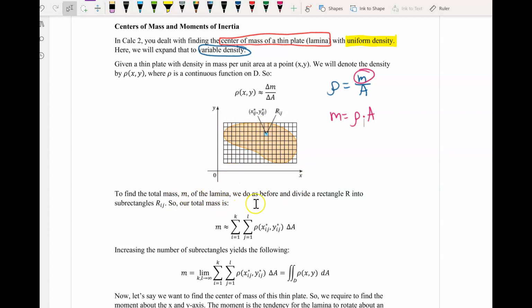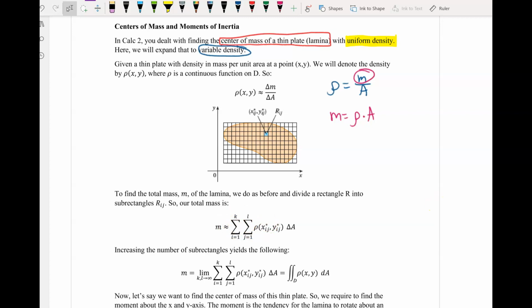Our mass is going to be adding up each of these little densities multiplied by our change in area. We take all of these little areas, multiply by our density, and that approximately gives us our mass. Because this is variable density, we're going to have one sum in the x direction and one in the y direction, so that's why we have two summations.